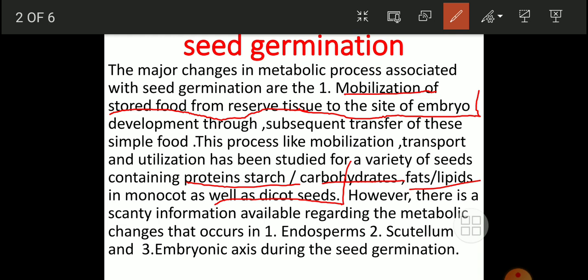That complex food material is converted into a simple form, again resynthesized, and provided to the developing embryo. After imbibition of a seed, we will find that changes take place, enzymes are synthesized, and those changes are nothing but the metabolic changes taking place during seed germination, meaning reserve food material is supplied to the developing embryo.